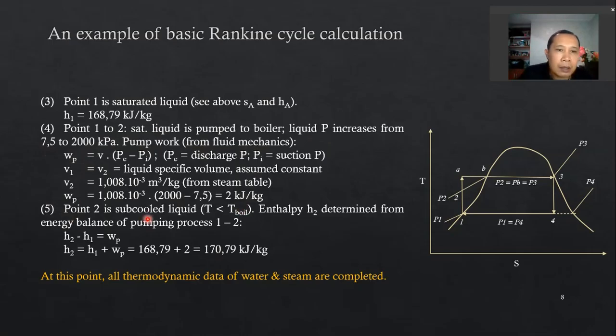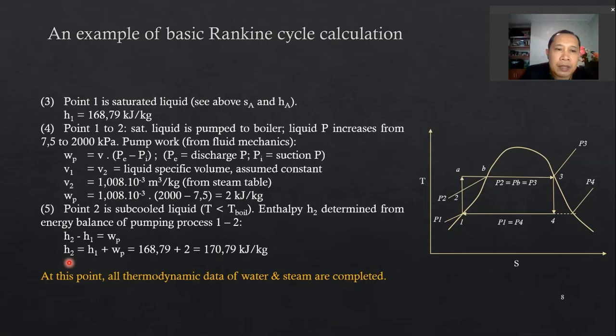From there, we go from point 2 to point A. At point number 2, the condition is subcooled liquid, meaning the temperature is below the saturation or boiling temperature. Of course, it's outside of this two-phase dome here. So enthalpy H2 is determined from the energy balance of the pumping process from 1 to 2, where the delta H is assumed to be equal to the mechanical work consumed by the pump.